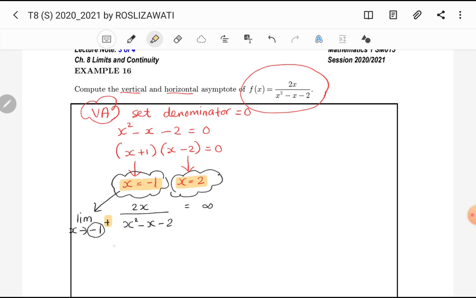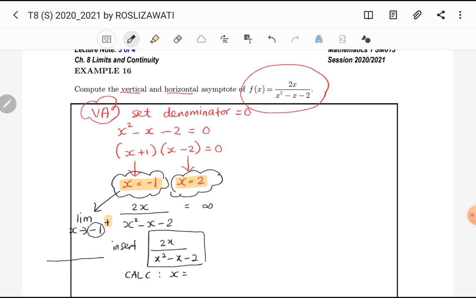Okay, insert, okay, we insert 2x over x squared minus x minus 2 dalam calculator, and then kita akan tekan calculate x equal to, okay, cuba check negative 1 from positive.